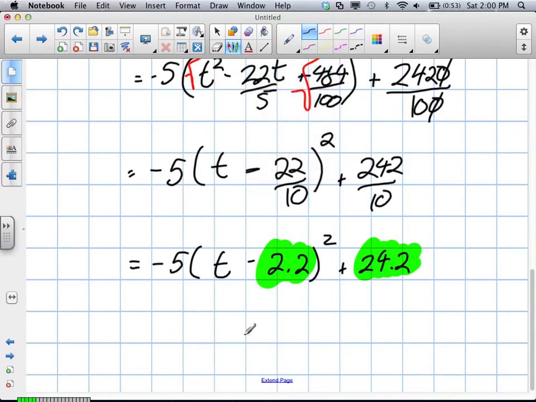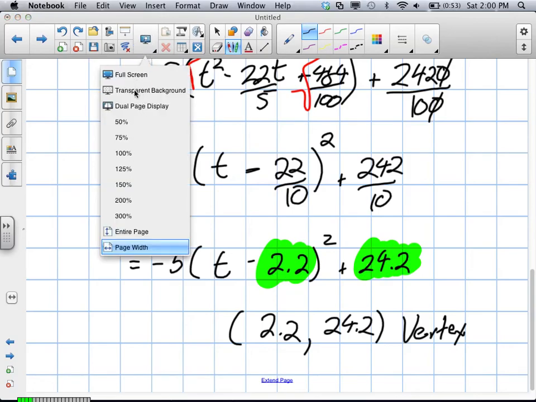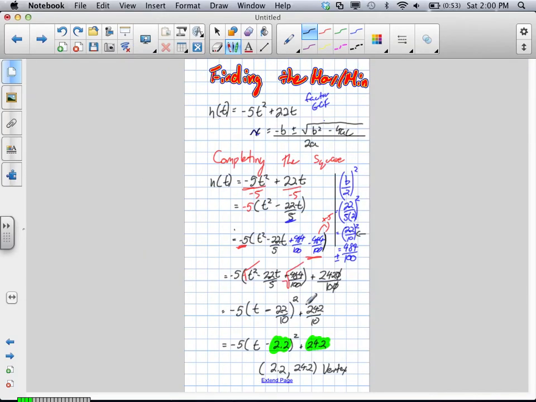So the vertex is at 2.2. Is it seconds in time? Yeah. The rocket hits its max at 24.2, maybe meters in the air. That's the vertex. So completing the square is not the only way, but it's the fastest way to find the vertex. Going through those steps there.